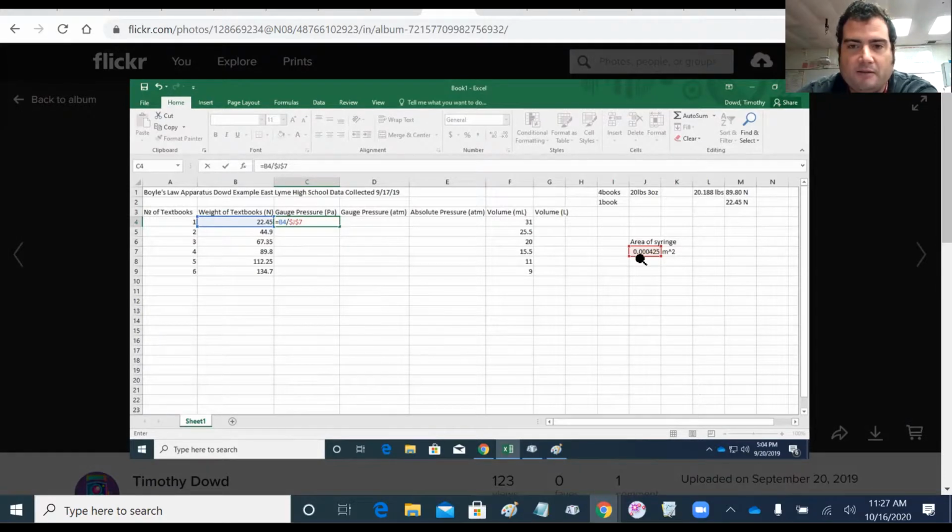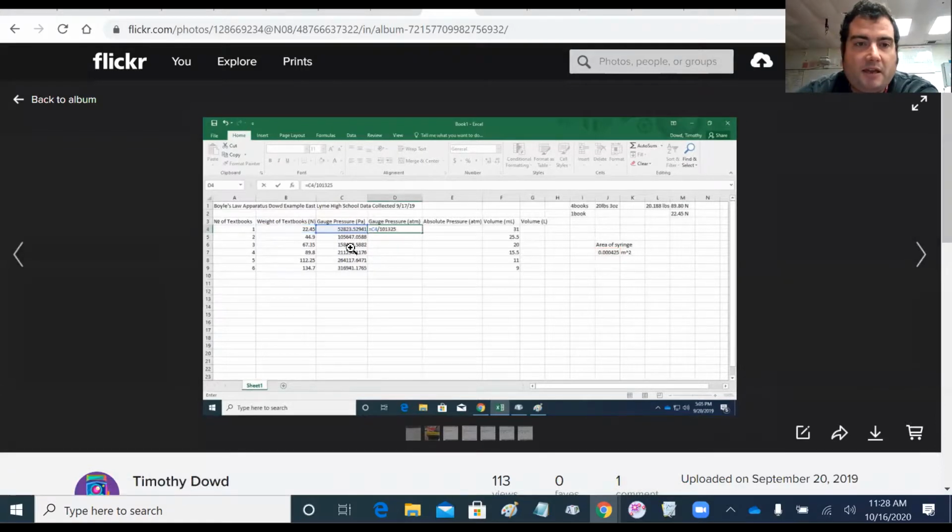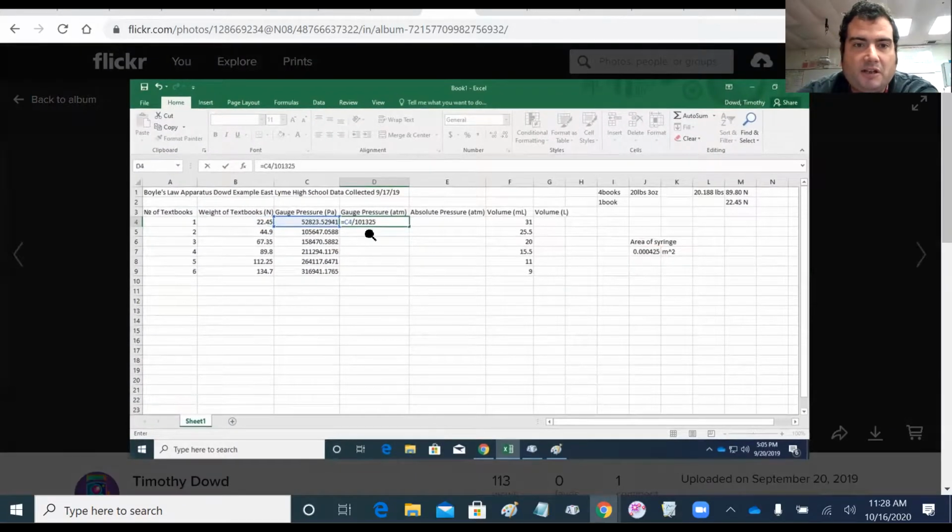So it's locking the spreadsheet on this value as the thing I'm dividing by. That gave me the gauge pressure in pascals, which I then converted to atmospheres, because that's the units we were going to use for this calculation, by dividing by that number.